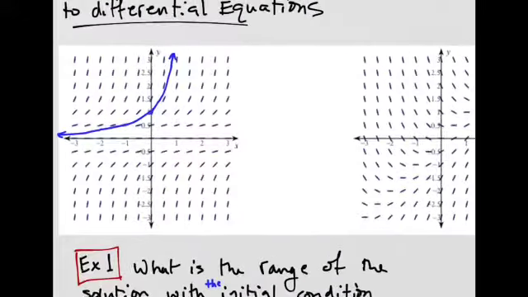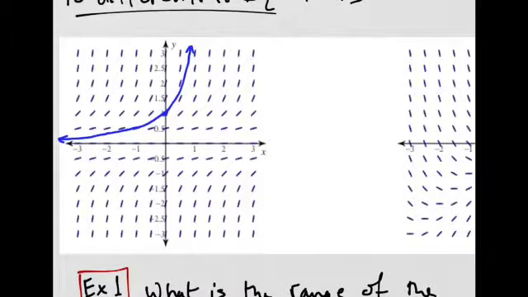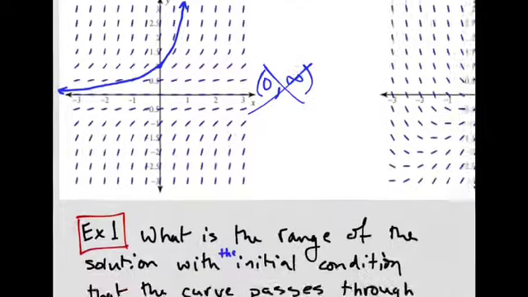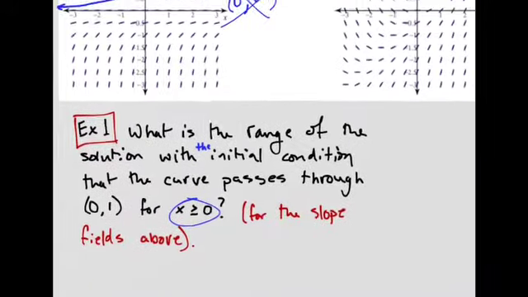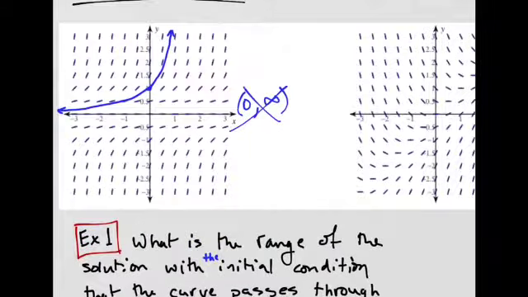So now I'm thinking, well, to me, it looks like the range is actually from 0, not including 0, all the way to infinity. However, this is not what the question is asking. It's asking for x greater than or equal to 0, and it's for this particular solution.